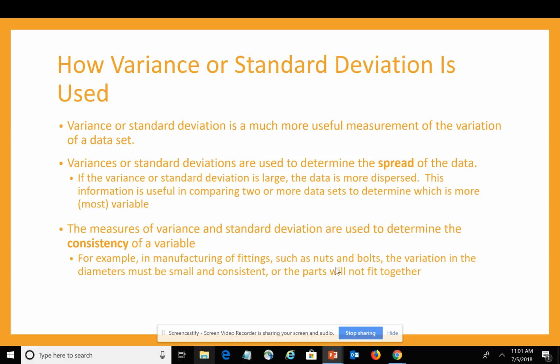We can also use it to determine the consistency of a variable. For example, in manufacturing of fittings, things like nuts and bolts, the variation in the diameters of the nuts and bolts must be small and consistent, or the parts won't fit together.